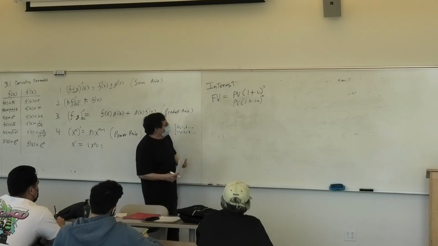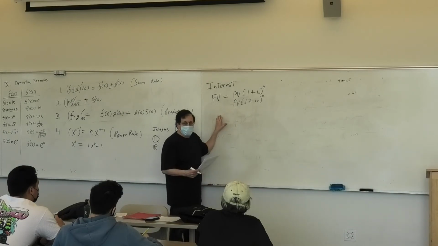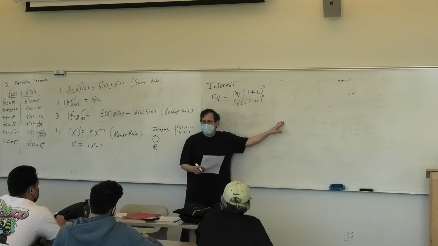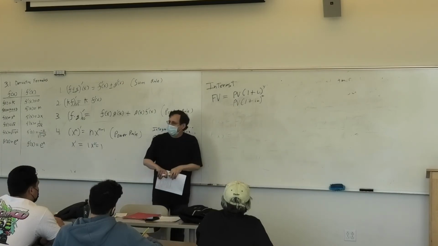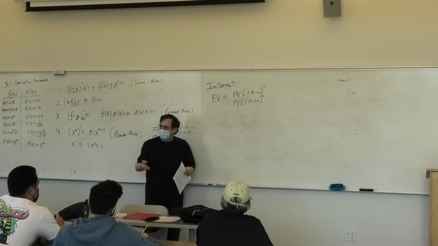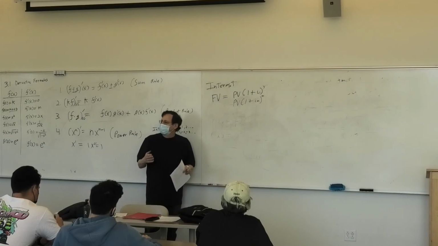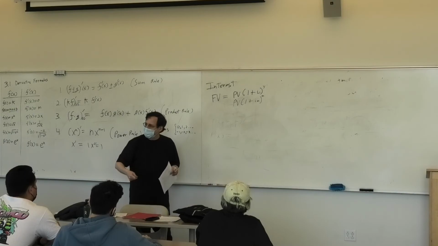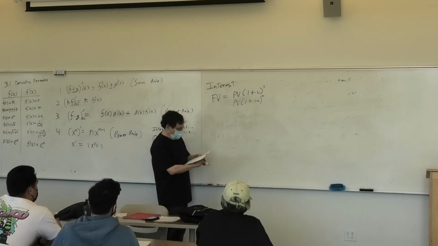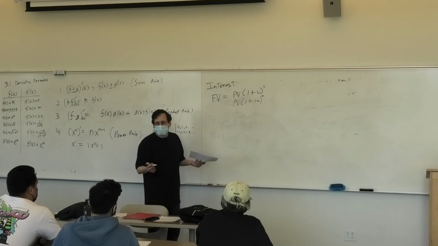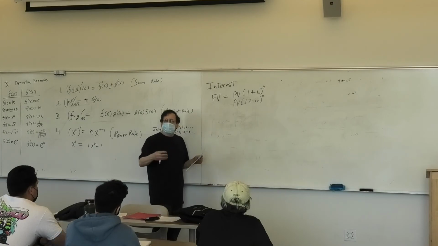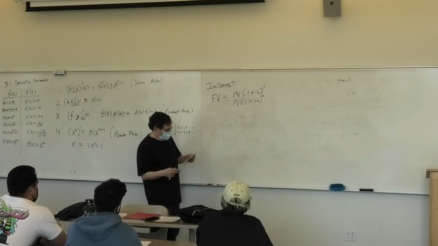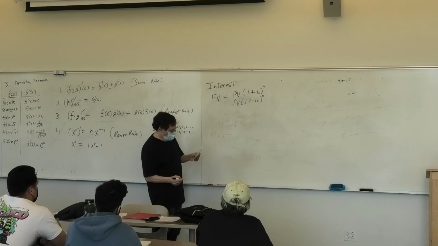So we have this idea of continuous interest. It's like you hand the bank your money, you start your stopwatch, then you stop it and say, give me back what you owe me, and they have to give you up to the instant. Well, nobody does that, but we can calculate it.